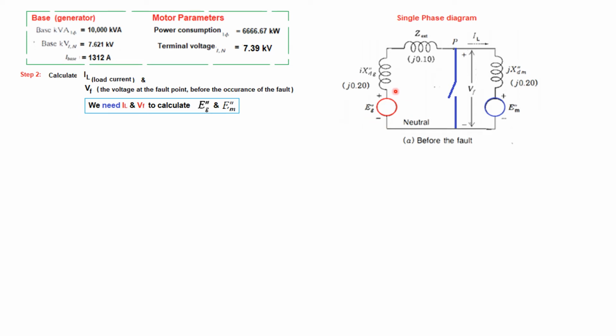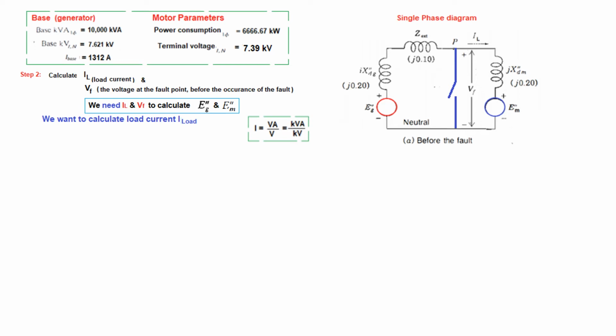Because we want to calculate Eg and Em first of all. Now to calculate the load current, we know that the current is VA divided by V, or in our case would be kVA divided by kV.